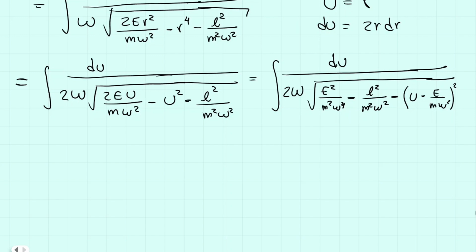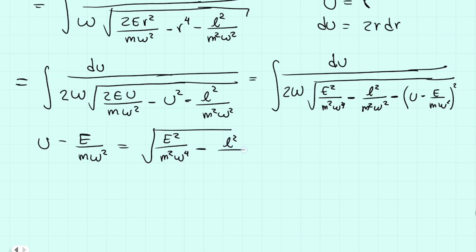And another thing that we are going to do is to make the change of variable u minus E over m omega squared equal to the square root of E squared over m squared omega to the fourth minus L squared over m squared omega squared times cosine of beta. This would be the new variable.